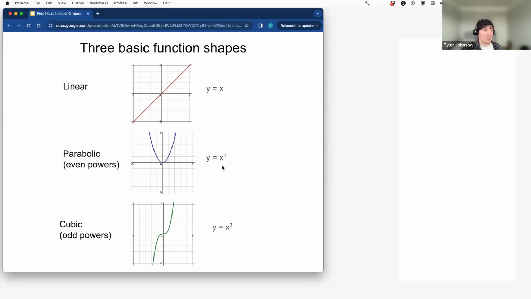And then for a more advanced function, if you have x squared or any even ordered power on x, you're going to get this curved U-shaped parabolic function. And then if I had any odd powers like x cubed, x to the fifth, etc., you're going to get this curved shape where basically this half of the parabola has been flipped upside down.